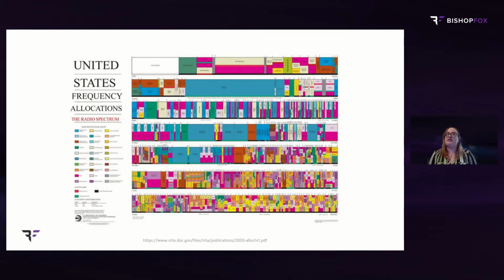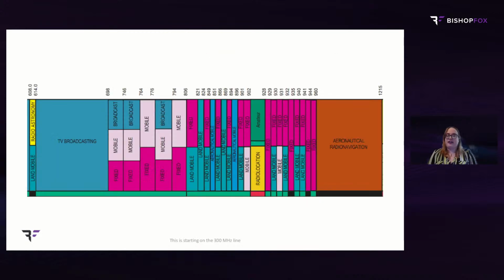Let's zoom in just a little bit here. Now we're looking at the 300 hertz spectrum going up, and you can see hopefully on the screen that there are different purposes for each. So as we go up, it goes from things like fixed and mobile all the way to radio location, and then at the end, aeronautical. There are a lot of aeronautical purposes in radio frequencies.